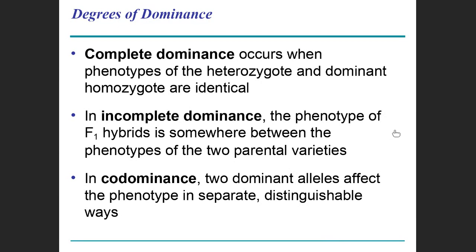It's just what we see is incompletely dominant. And in the case of codominance, both alleles are expressed and we see both characteristics. So neither allele is dominant or recessive, and we see the two phenotypes. They're both expressed.